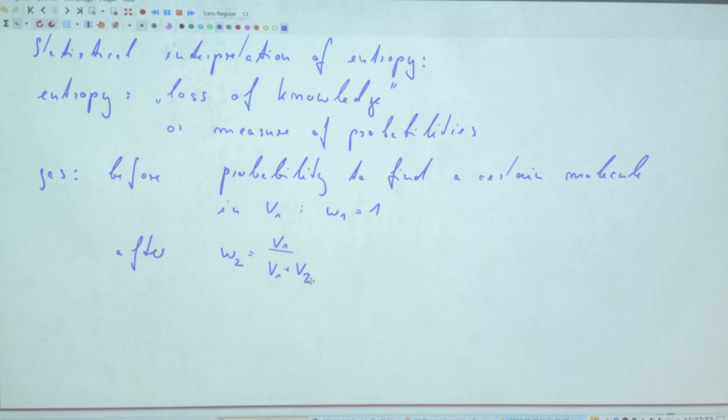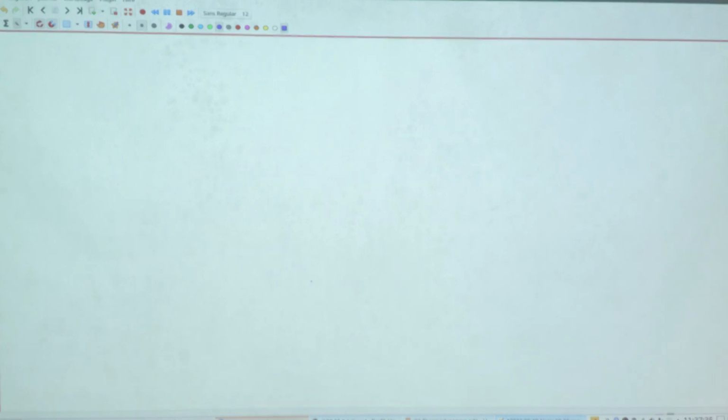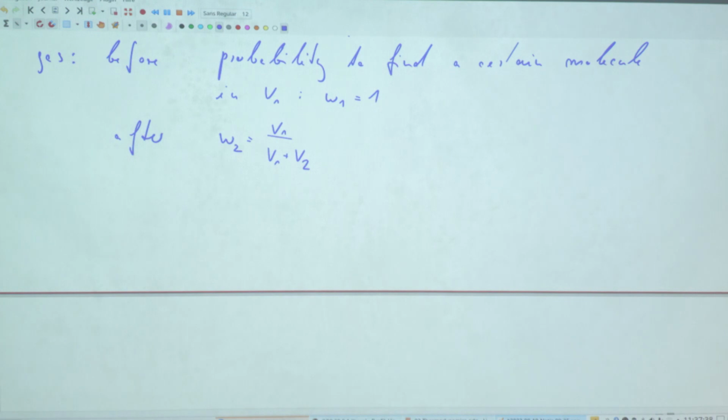Now, if you have N molecules, which are assumed to be independent, that's the case for an ideal gas, then the probability just is a product of the single probabilities.